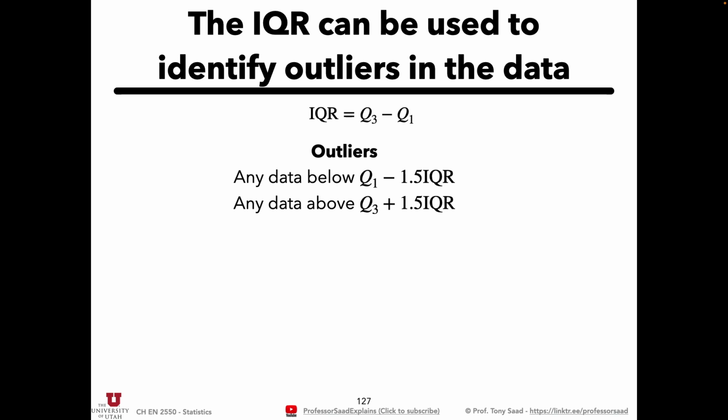If data falls outside of this range, then they are outliers. You can exclude them from the data if you want, or keep them just to plot them and identify that those are outliers, but then the rest of your analysis should be based on this new range, Q1 minus 1.5 IQR and Q3 plus 1.5 IQR.